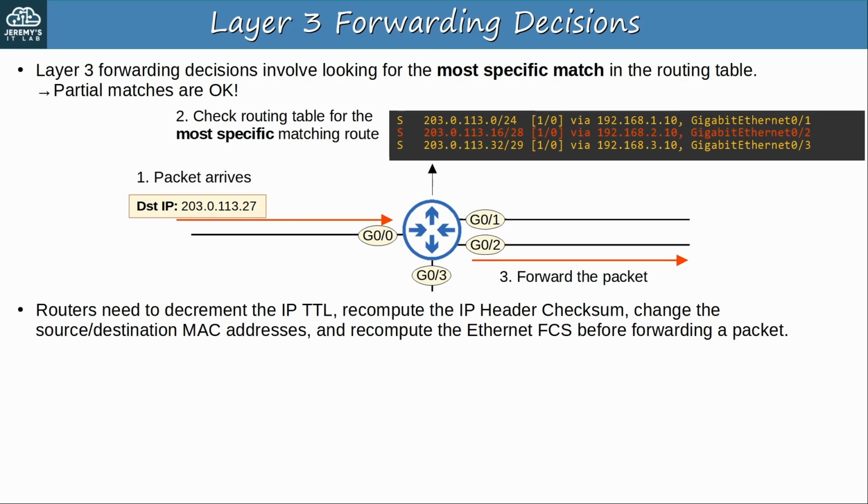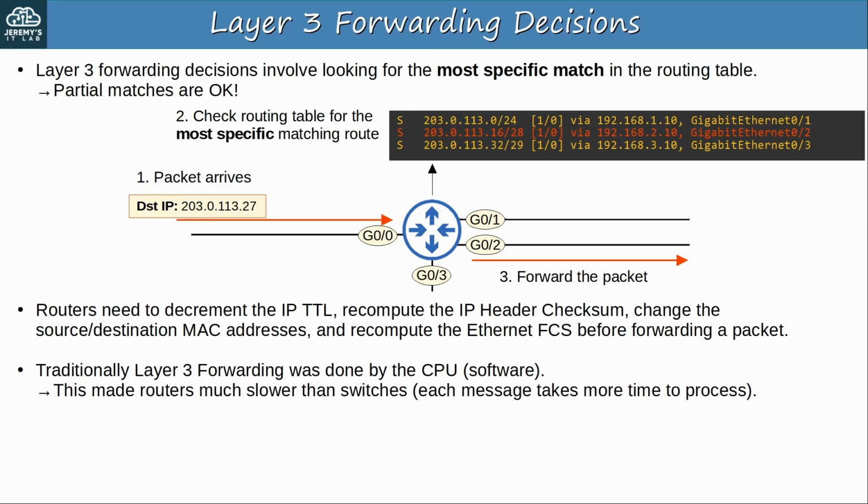By router, I mean any device performing routing. So the point is that Layer 3 forwarding is more complex than Layer 2 forwarding. Because of this, traditionally, Layer 3 forwarding was done by the CPU, and this made routers much slower than switches, because each message takes more time to process.